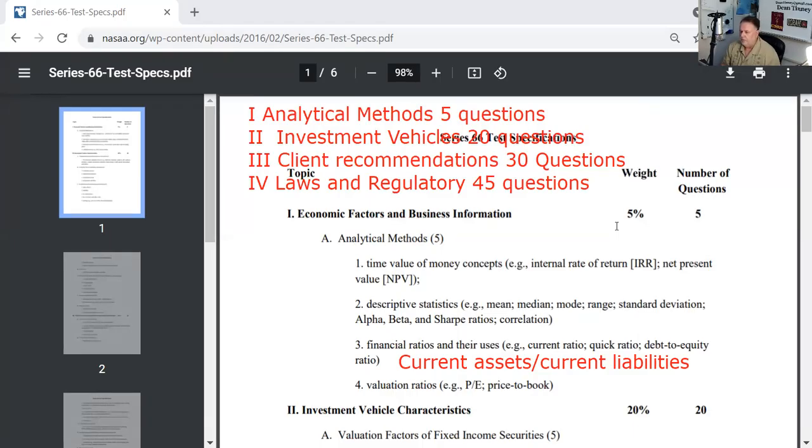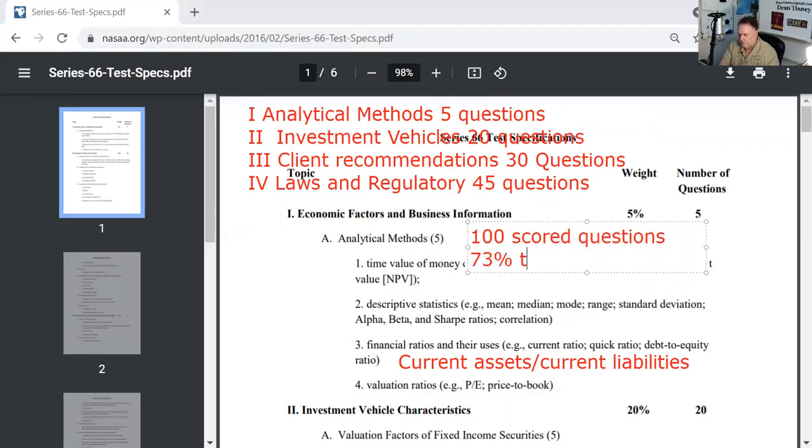Now, in terms of what you need to score, you're going to have 100 scored questions, and of those 100 scored questions, you need to get 73. It's kind of nice that it's 100 questions because that makes it kind of easy to pass, to make your mark.